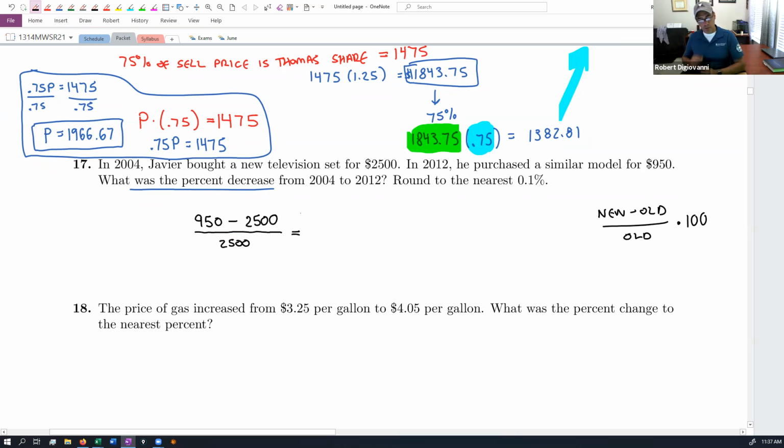We just do this on our calculator, 950 take away 2,500. On top, you're going to get a negative number, negative 1,550. And then divide that by 2,500.